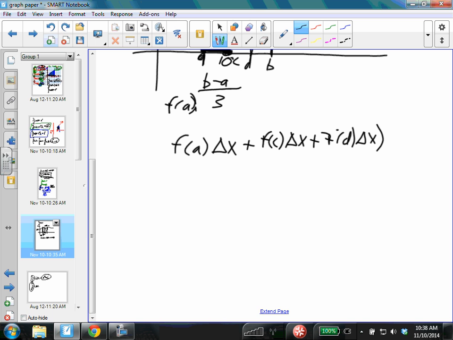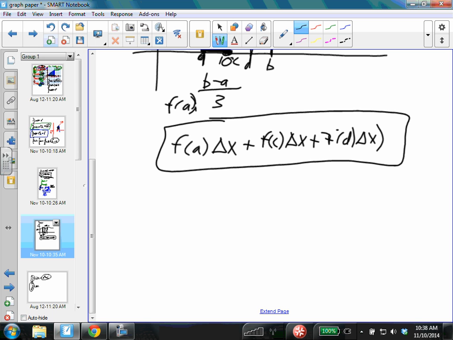So this is all that ends up happening, okay? What do you end up doing with all of these different areas? You add them together, okay? So this is just a way that it could be written, right? We want to sum up F of x times delta x, right?